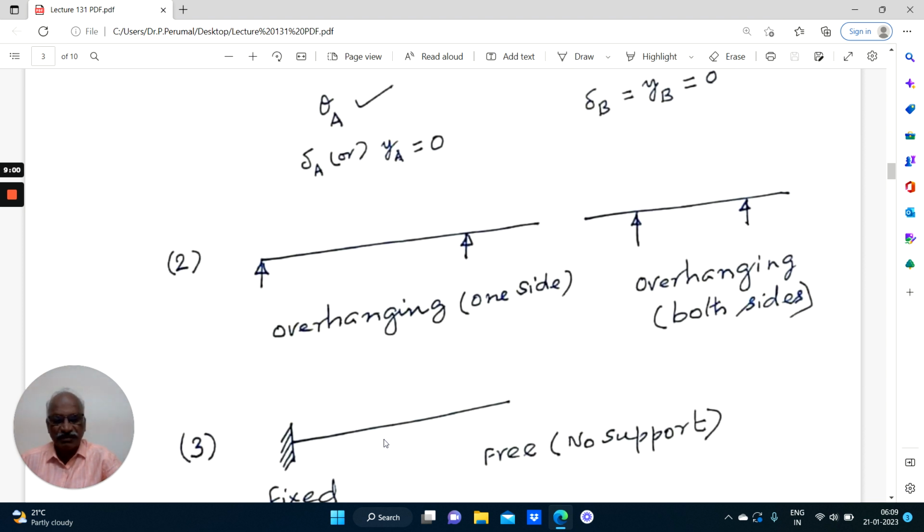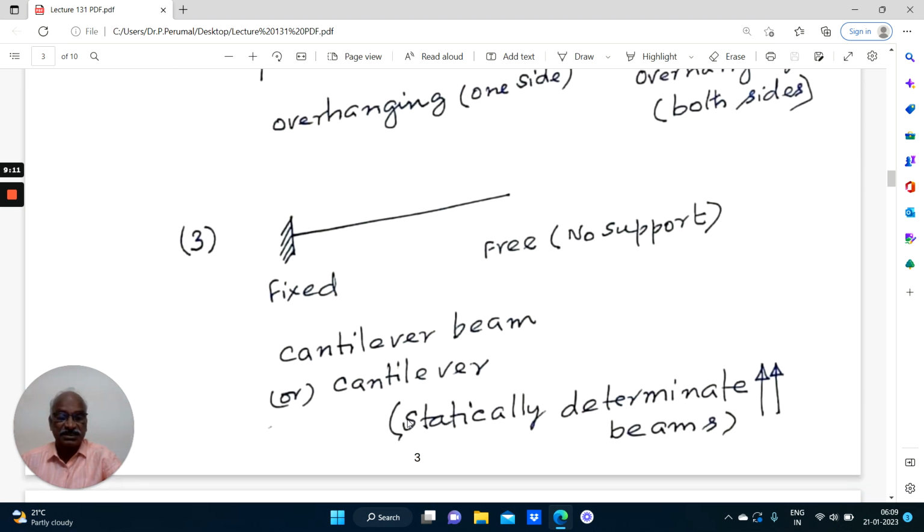Again, basics only. These can be completely analyzed only with the help of the equations of equilibrium. They are called statically determinate structures.